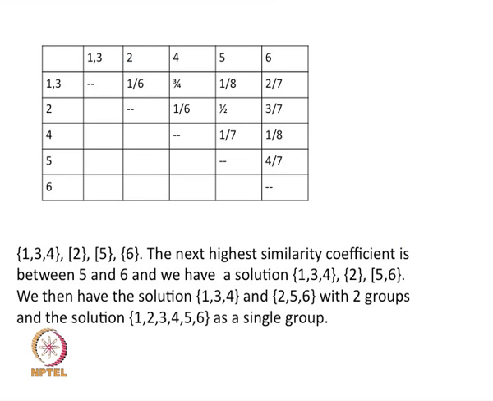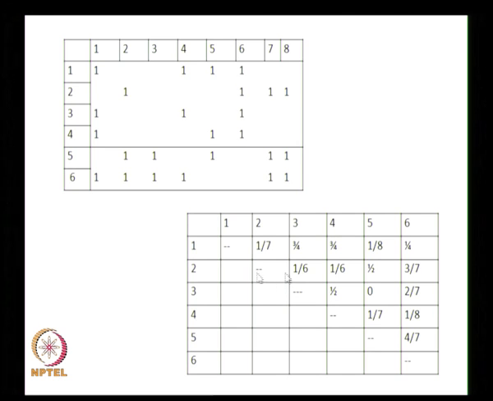The similarity between 2 and the group 1, 3 is seen as 1 by 6, which is the bigger of the two similarities. 2 to 1 similarity is 1 by 7, 2 to 3 similarity is 1 by 6. So, the bigger of the two is taken as the similarity between 2 and 1, 3.